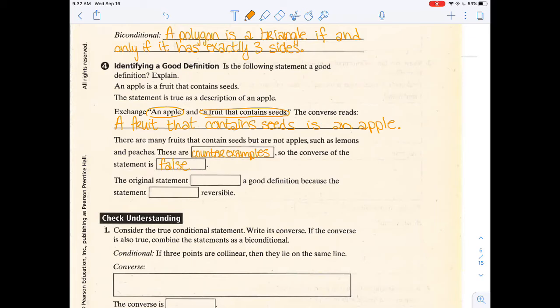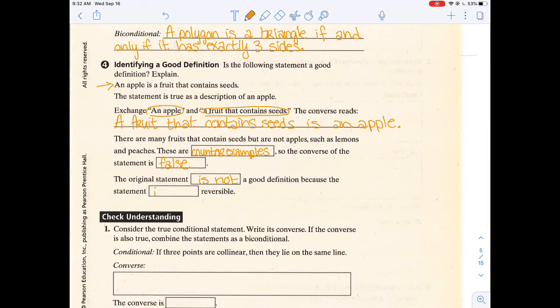When we switch the hypothesis and conclusion, the statement was false. The original statement is not a good definition because the statement is not reversible. You want to be able to take the original statement and flip it, and it still be true. Then it's a good definition.